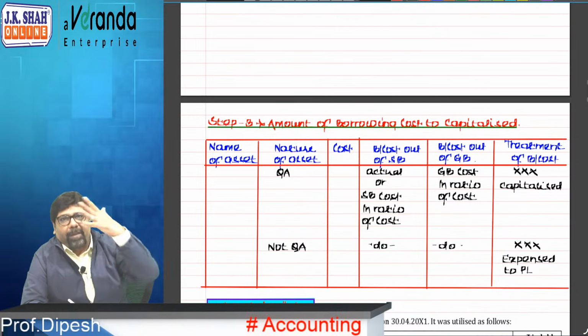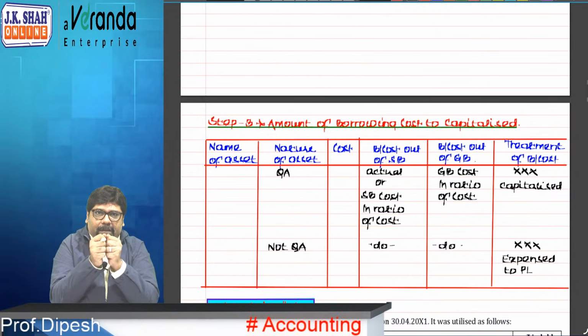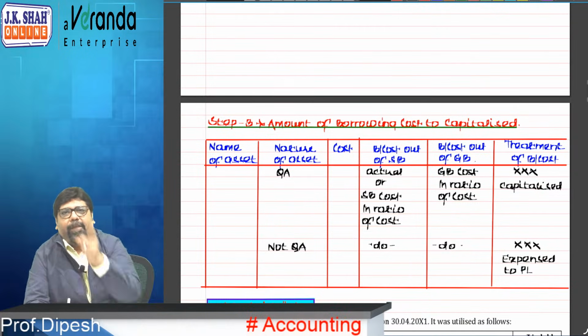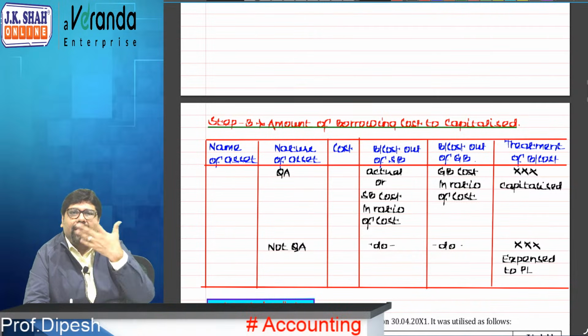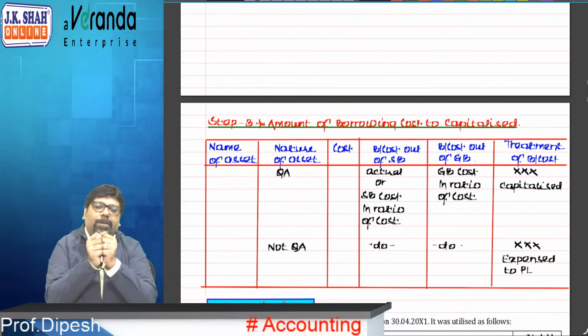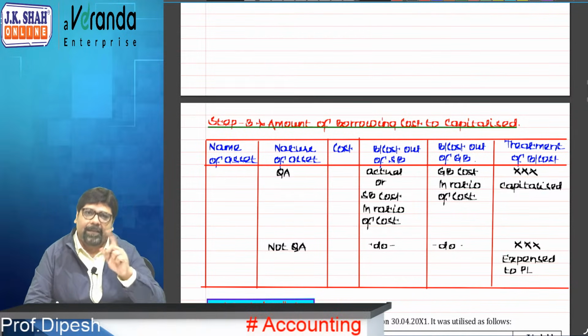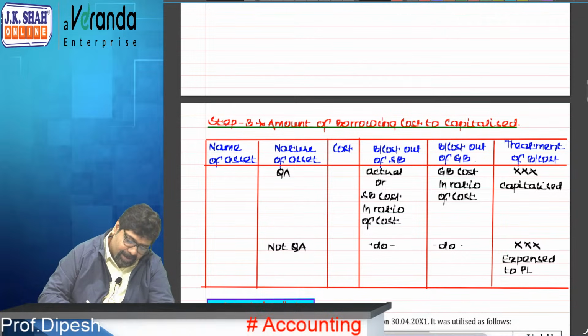Because if there are more than one asset, that specific borrowing cost should be spread in the ratio of cost of asset. Am I clear? If there are more than one asset, then specific borrowing cost should be spread over all the assets in the ratio. Acha. Borrowing cost out of general borrowings, borrowing cost in ratio of cost, same.